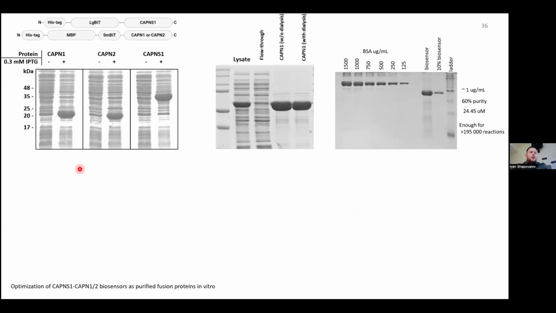We expressed them in the E. coli system. Here you can see that they expressed very well, all three of these proteins. Then we affinity purified them. And the purpose for that was because with purified proteins, we can very accurately establish the concentration of our construct. And that helps us to work with these proteins in exact stoichiometric amounts that we want to.